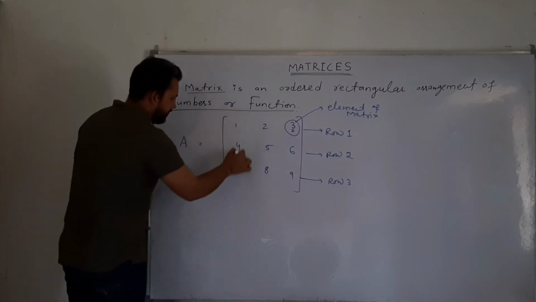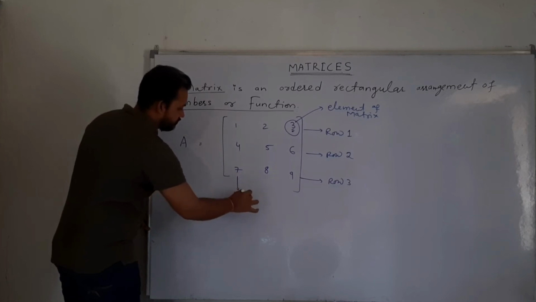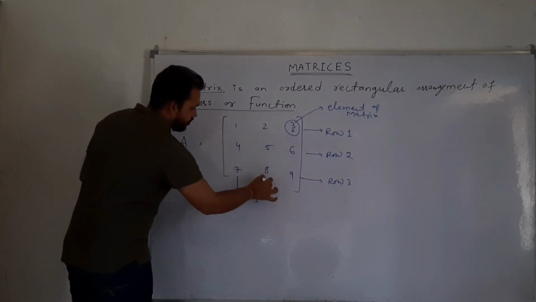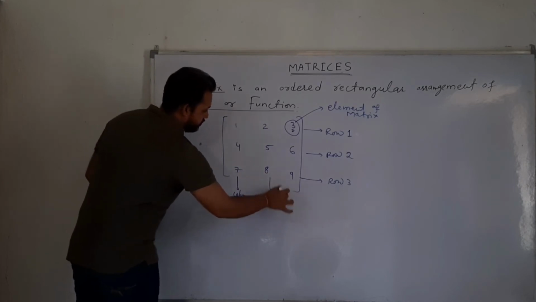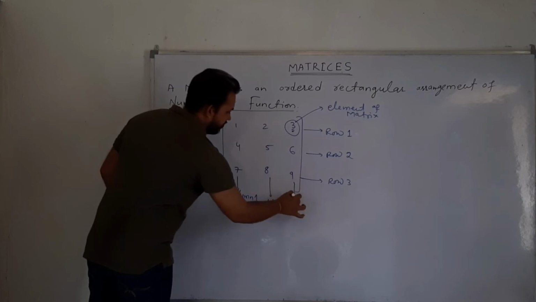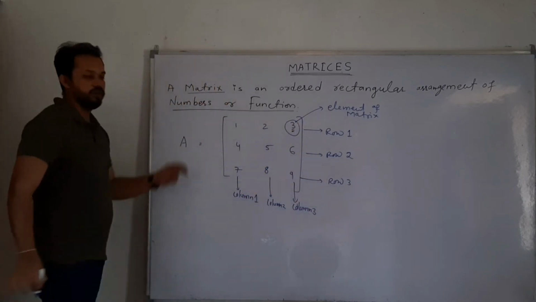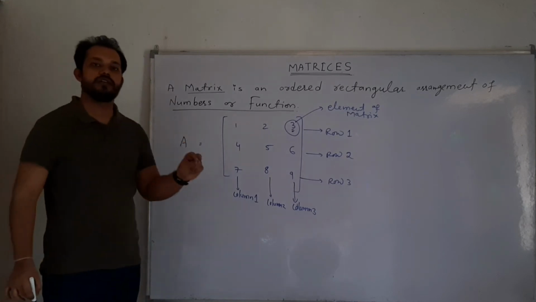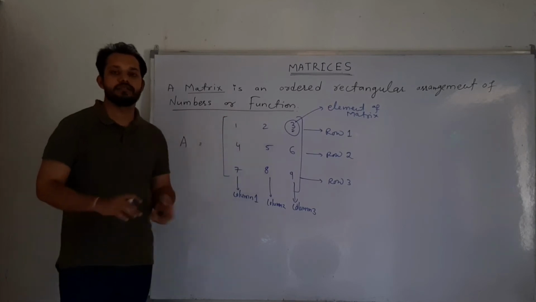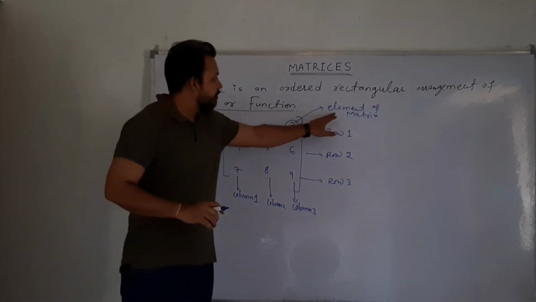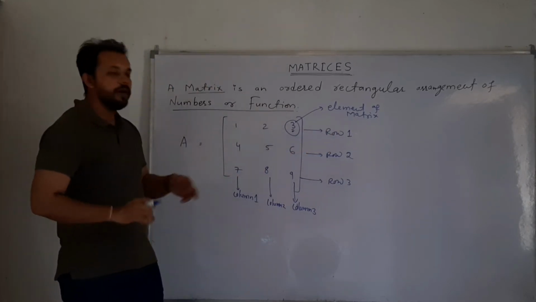This is the first vertical line, so it is column 1. This is column 2, and this is column 3. This is the concept of rows and columns in a matrix. So we understood what an element of a matrix is, what a row is, and what a column is.